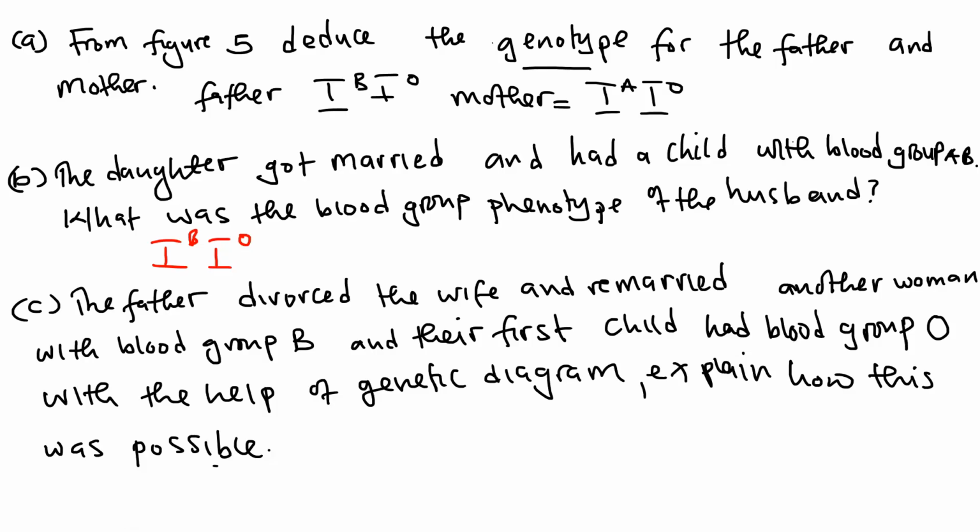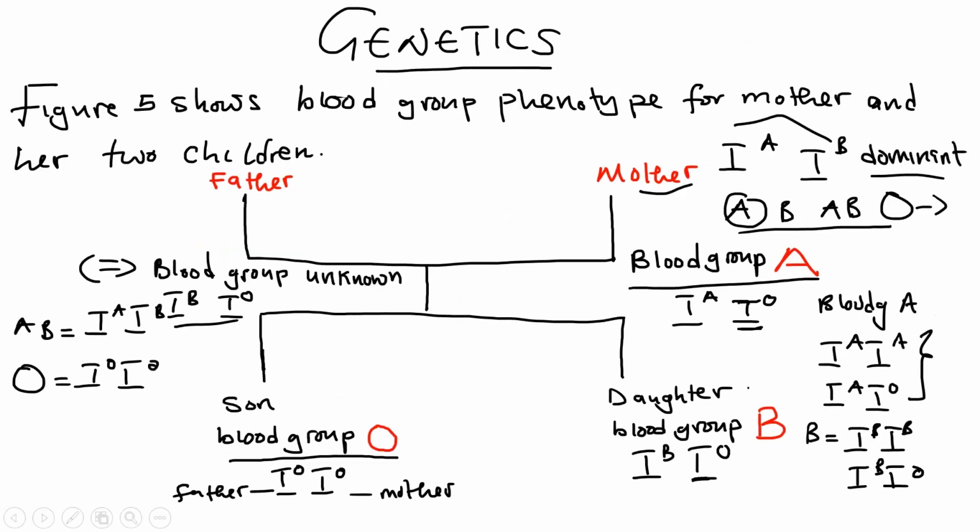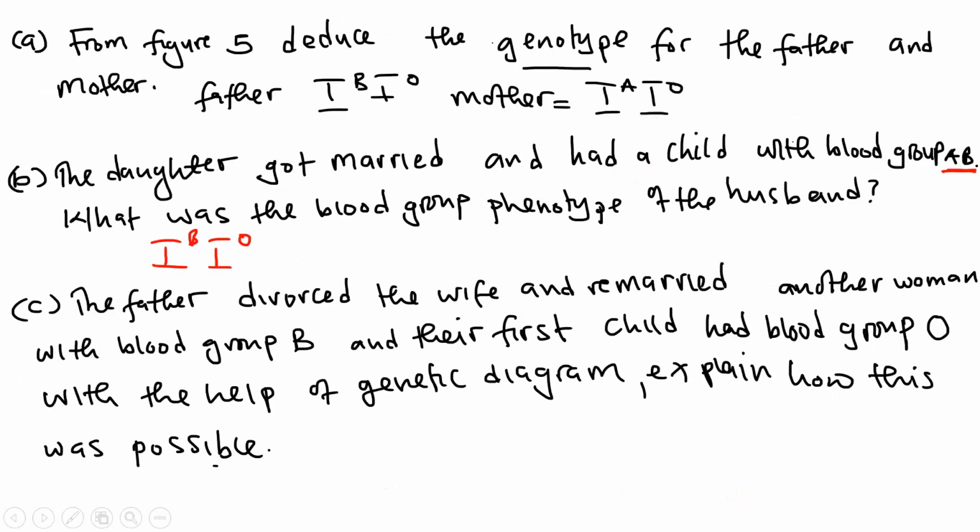What was the blood group phenotype of the husband? Now look at this. The daughter here, we have seen is blood group B, and this is the genotype of the daughter. Then he said she got married and had a child who is AB.